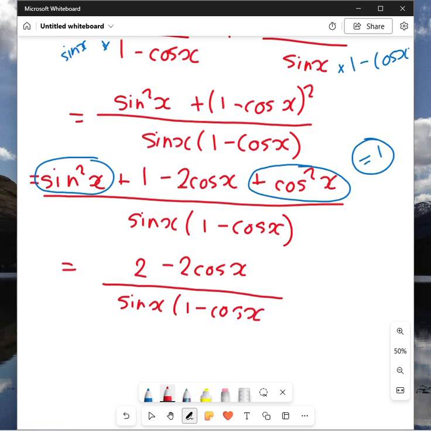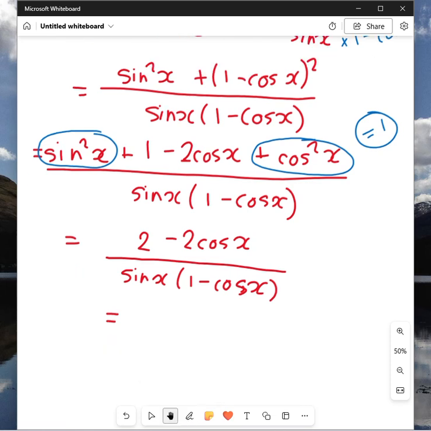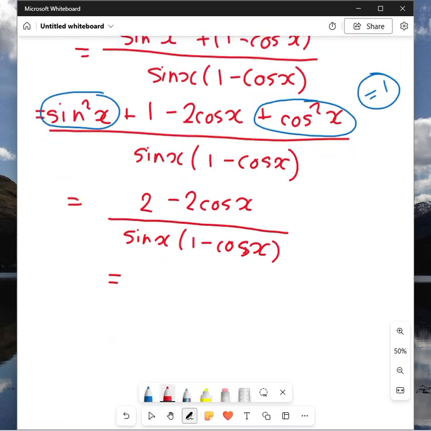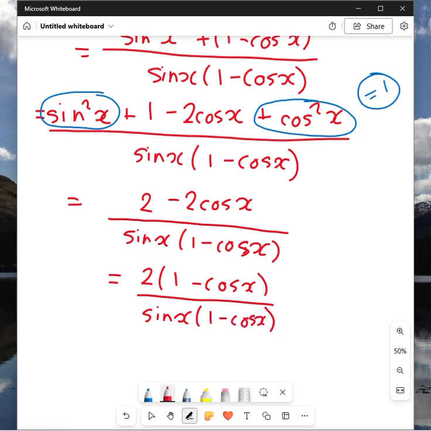I'm also seeing here that I could factorize a 2 out of the numerator. So that becomes 2 lots of 1 minus cos x over sin x times 1 minus cos x, and I'm hoping we can see that those two things cancel out, leaving me with 2 over sin x.